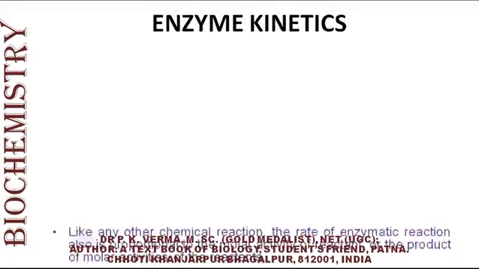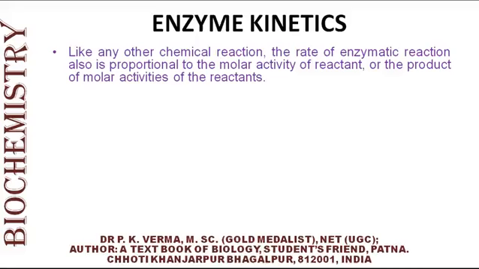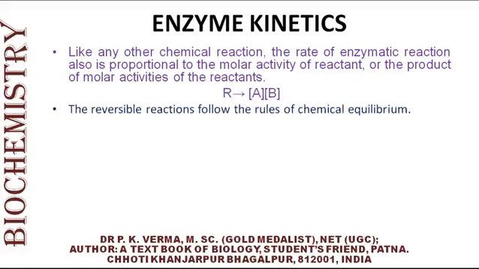Now, when you have to measure enzyme kinetics, you have to measure the rate of reaction. Let us assume that the reactant is R and it produces two products A and B. Like any other chemical reaction, the rate of an enzymatic reaction is also proportional to the molar activity of reactants, or the product of molar activities of reactants.